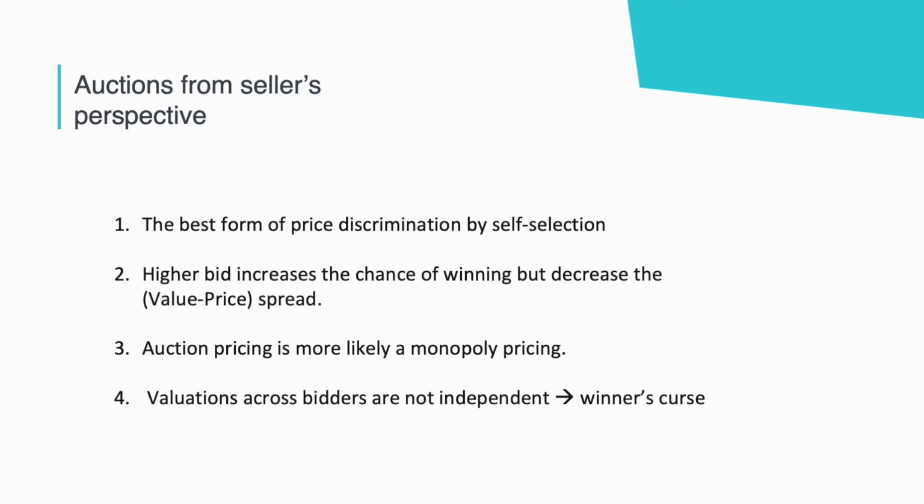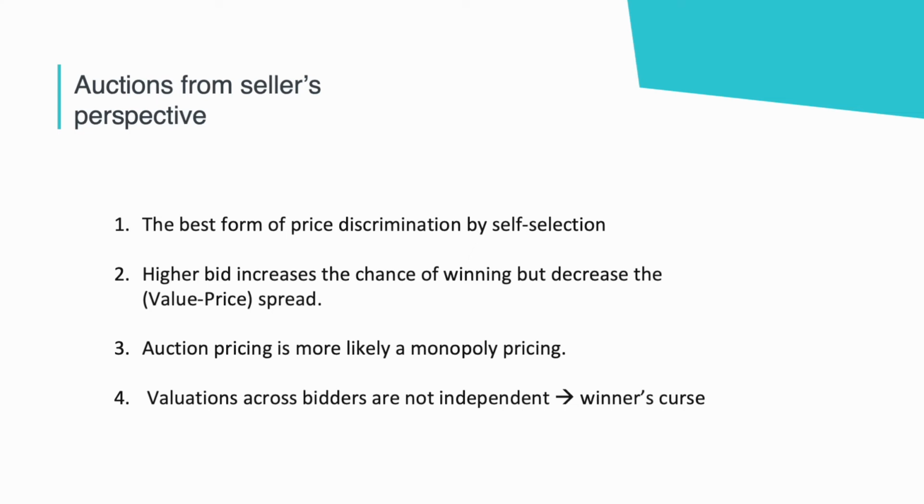For bidders, a higher bid increases the chance of winning, but decreases the value price spread. So the sellers tend to raise the reserve price, and the bidders are more likely to be willing to pay more. This will cause the auction pricing to be more like monopoly pricing.